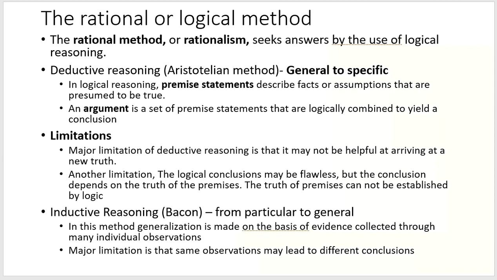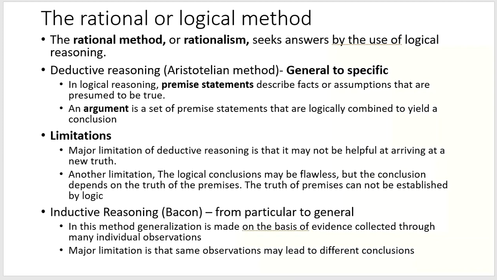The other is called inductive reasoning, and Bacon is attributed with this method, and therefore sometimes we call it the Baconian method of knowing. This is the reverse of deductive reasoning. Deductive reasoning goes from general to particular, and here we start from particular observations and go to a theory.